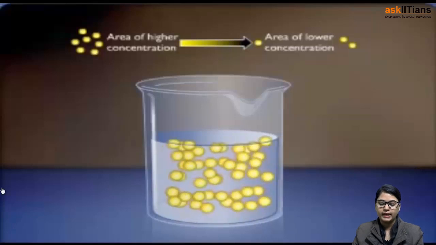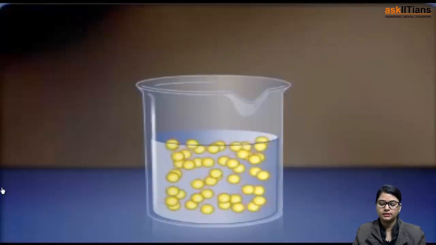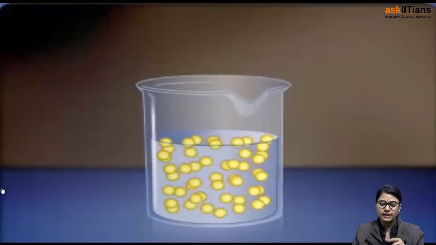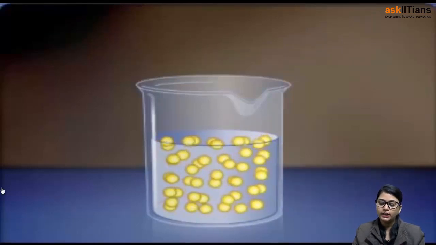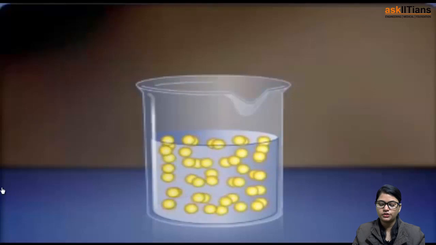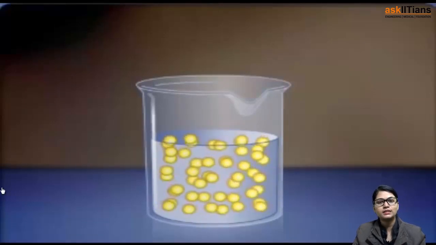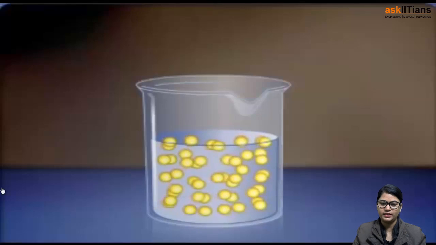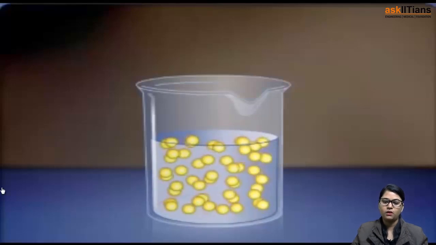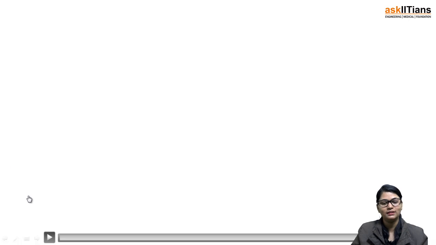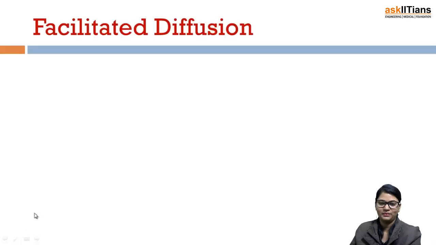Diffusion continues until the sugar molecules become evenly dispersed in the solution. The rate of diffusion is affected by various factors like temperature, size of the molecules, and the steepness of the concentration gradient. You can see here all the molecules are now evenly distributed inside the solution. So this is how diffusion takes place.